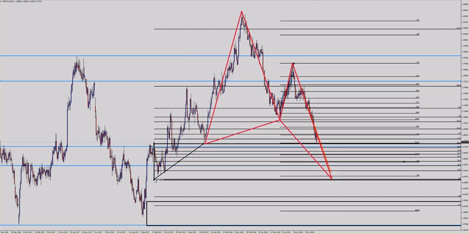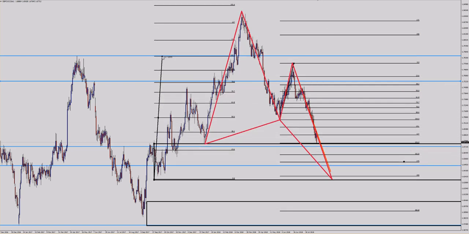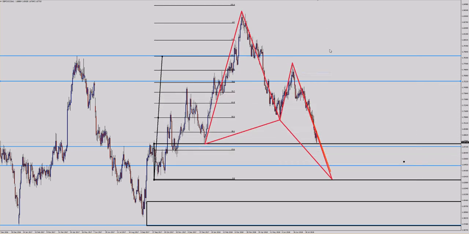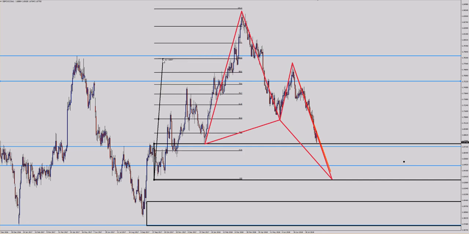We're going to measure from here. And why do I like measuring from here? One of the reasons I like measuring from here, let me get this out of here so it's not a distraction, is that we have this structure here. Price comes down, and this is basically the leg that breaks through that structure before price comes down, retests, comes up, and takes off. So we can even measure this as well.